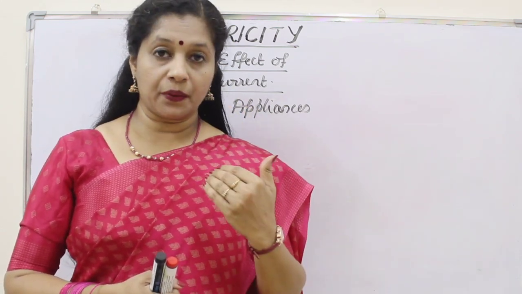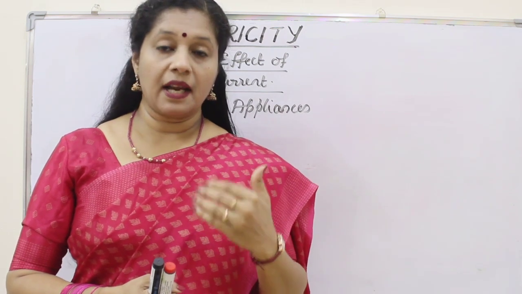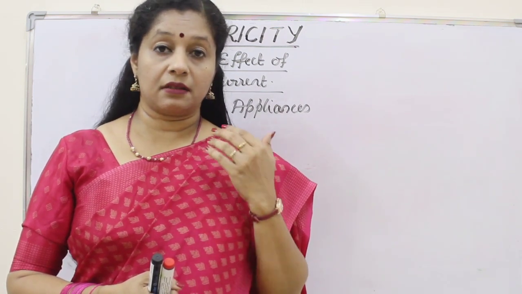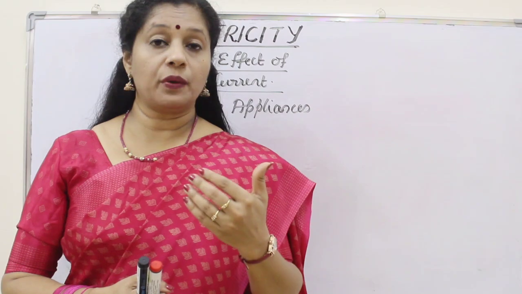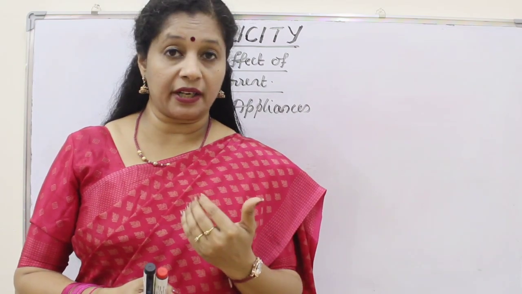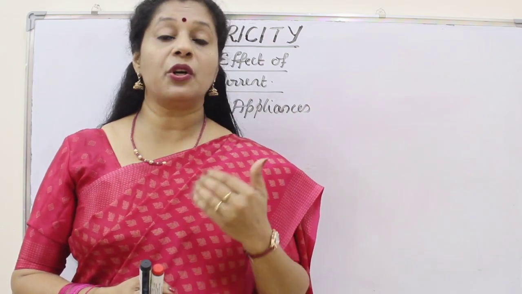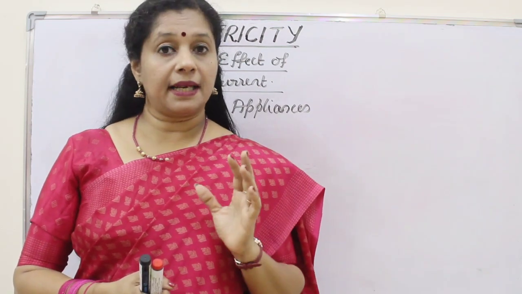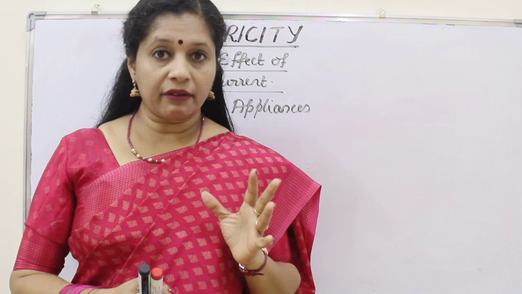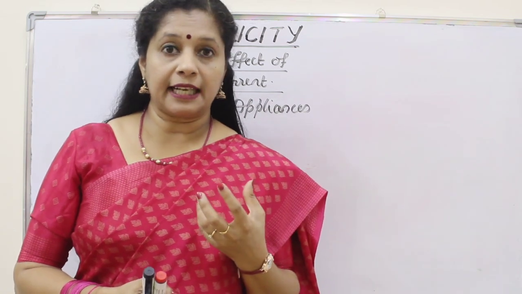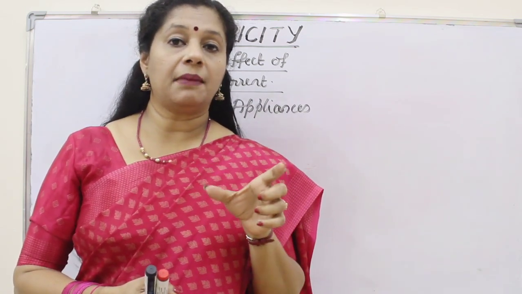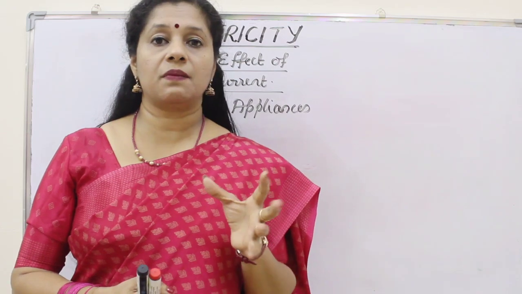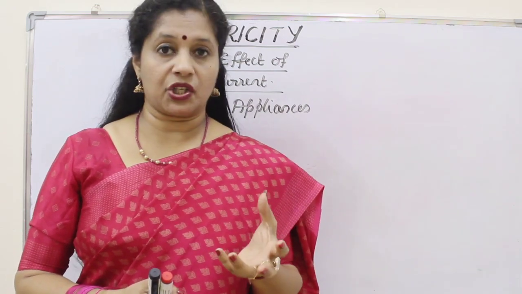When the current flows through it, a lot of resistance is there, so heat will be generated. As a result of the heat produced, it will start emitting light. That's what we are getting. At the same time, the bulb produces a lot of heat, but we do not experience that heat much because inside the bulb there are inert gases like argon, nitrogen, etc.